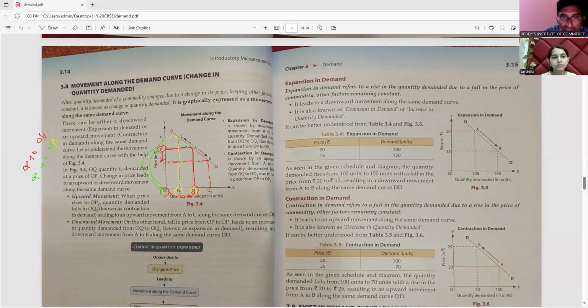It means when your price falls, your quantity demanded increases, and when your price increases, demand decreases.